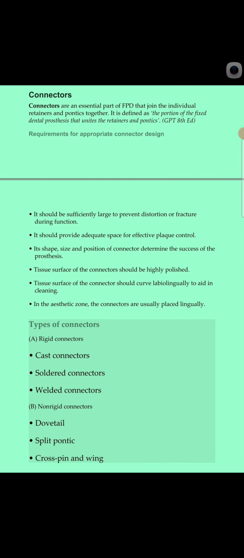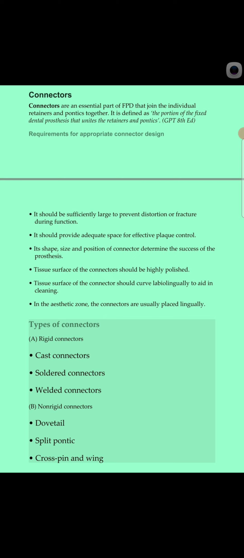Now come to the requirements for appropriate connector design. It should be sufficiently large to prevent distortion or fracture during function. It should provide adequate space for effective plaque control and cleaning. Its shape, size, and position determine the success of the prosthesis: what shape of connector, what size, and where the position.